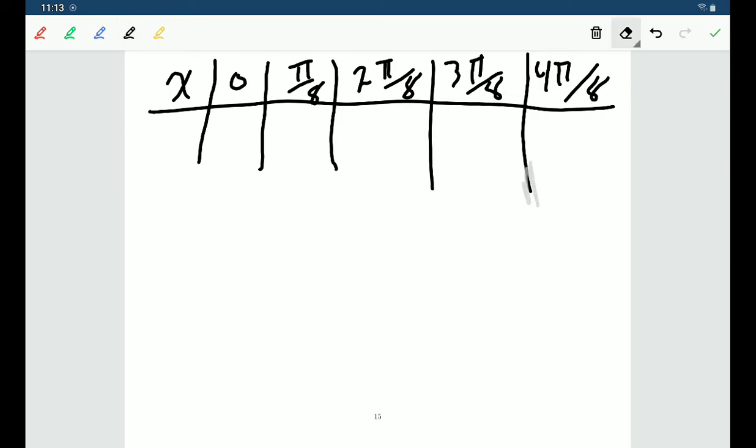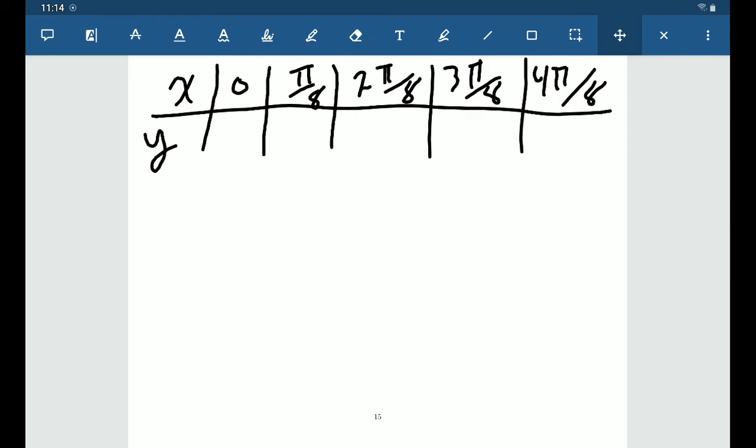And I'm not doing any simplification yet, because again, I will be doing a bunch of shifting afterwards, so it doesn't make sense to do a lot of simplification up front here. So those values, 4 pi over 8, yes, it does simplify to pi over 2, and I'll deal with that at the end. So next, y values.